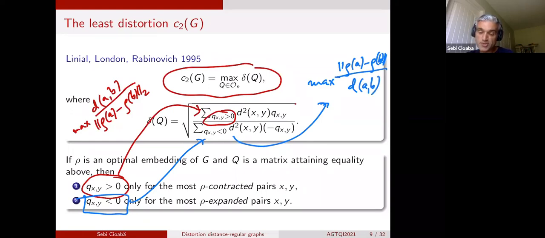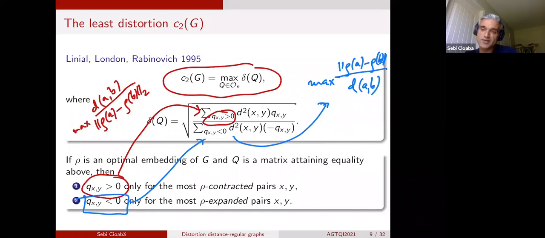Okay, so they're trying essentially, I'm not going to give you the proof here, but you're trying to find this constant. So can you simplify this summation? That's the logic here. The numerator involves only the most contracted pairs, and the denominator involves only the most expanding pairs.